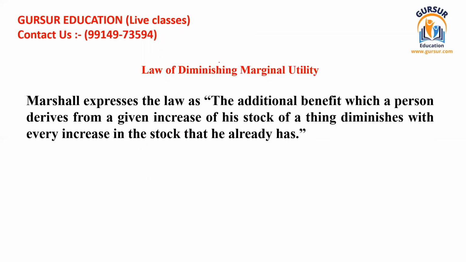Marshall expressed that the additional benefit which a person derives from a given increase in his stock of a thing diminishes with every increase in the stock he already has. That just means that as you consume more and more, your marginal utility goes on diminishing.